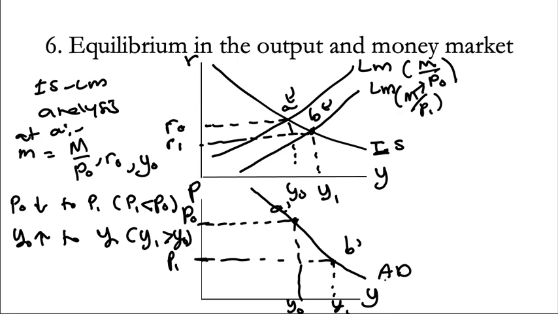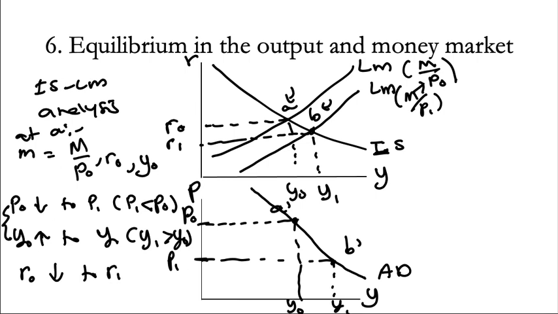So the aggregate demand curve here shows you a downsloping curve. Okay. Now, as you can see, in addition to these two, we can see interest rate falls down to R1.